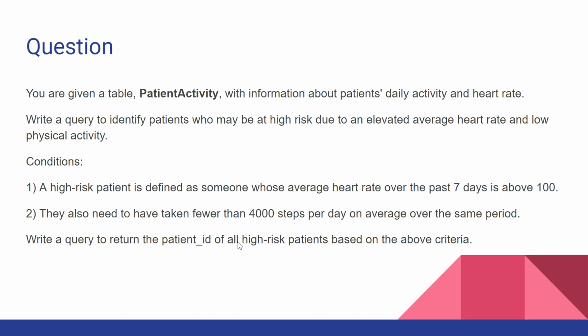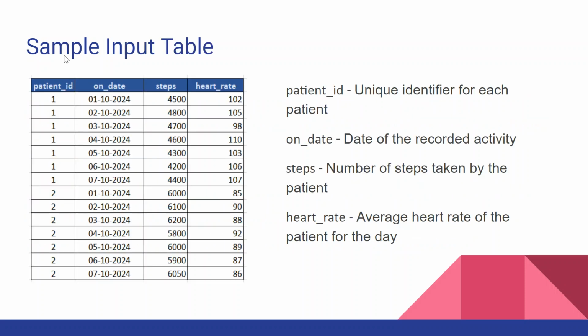Now let us see the schema of the table and what columns are available. This is the sample input table, which has patient ID, on date, steps and heart rate. Patient ID is the unique identifier for each patient, so we can identify the record with respect to each patient.